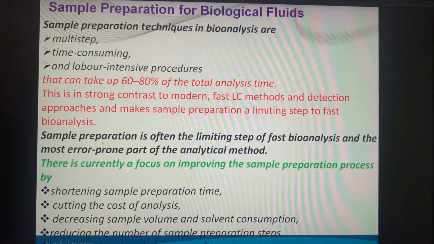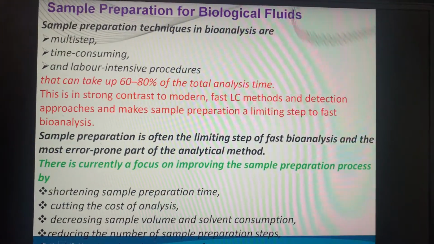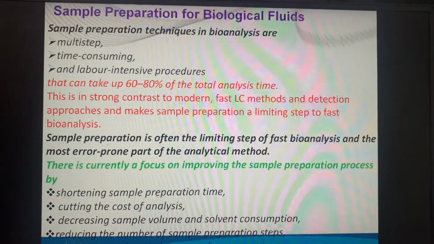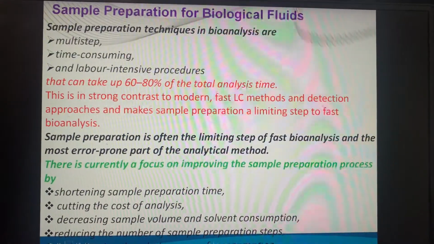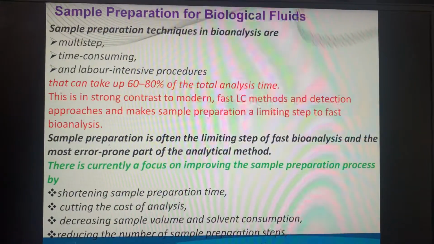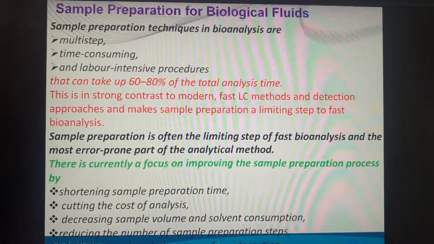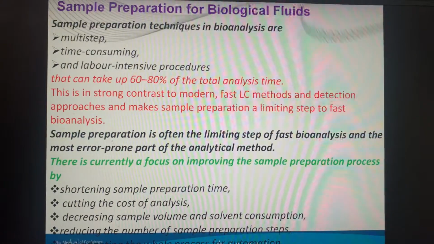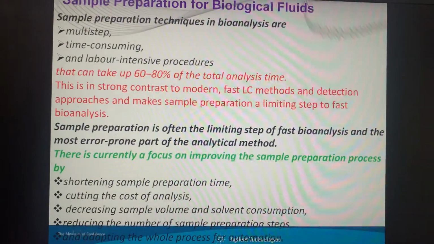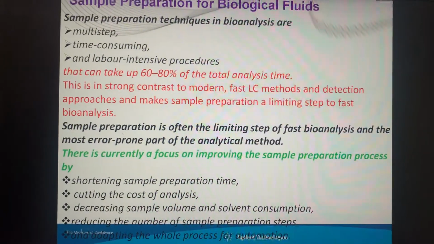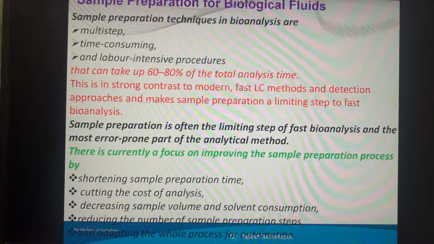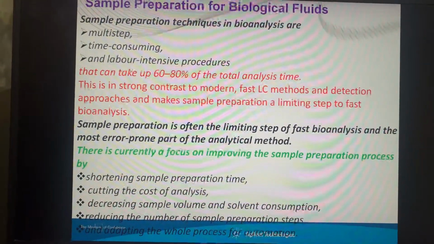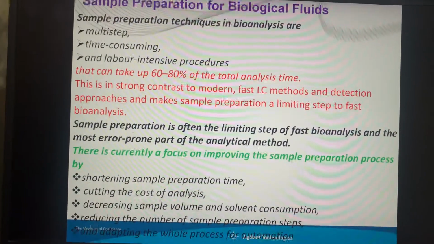In continuation with the sample preparation techniques in bioanalytical chemistry, we will study sample preparation in biological fluids, what the problems are, how much of the total analysis time it takes, and why it is important for the final drug analysis, final tumor marker analysis, or final biological analysis.